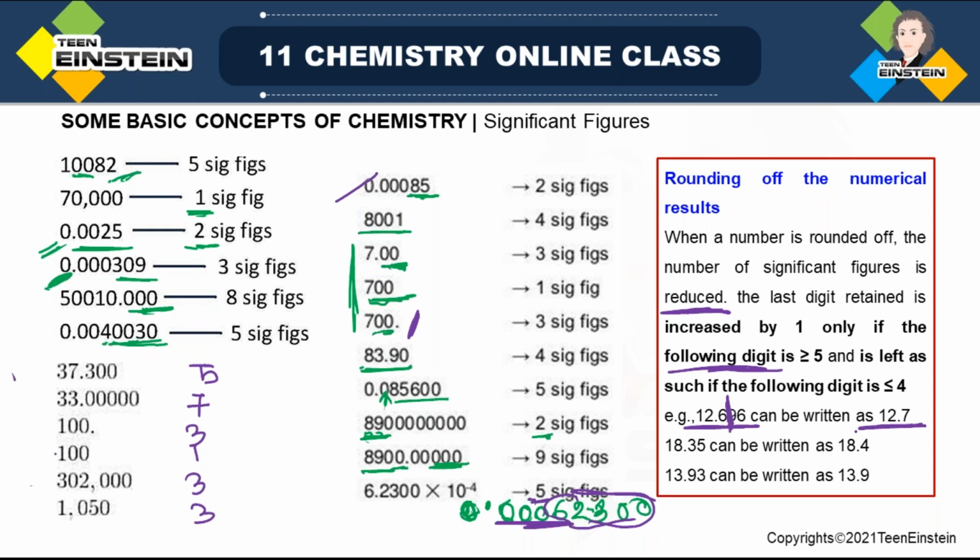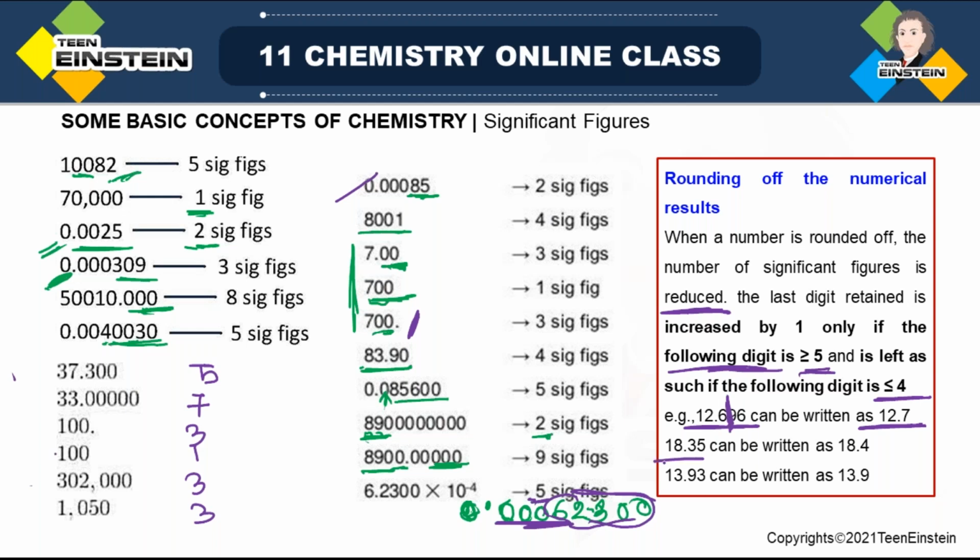Similarly, there will be no change, it will be left as it is, if the following digit is lesser than or equal to 4. So basically when I say you add 1 when it is equal to or greater than 5, automatically it means you don't have to do anything, just keep it as it is if it is lesser than or equal to 4.